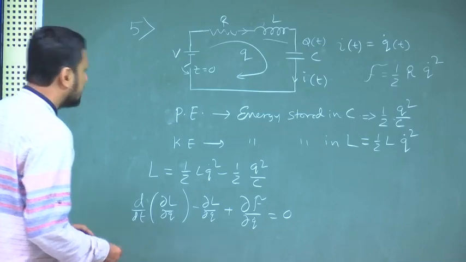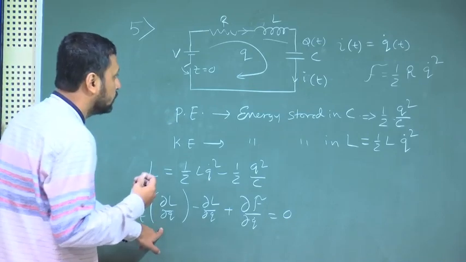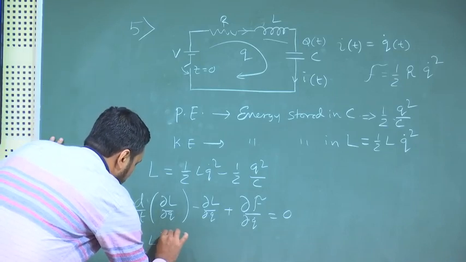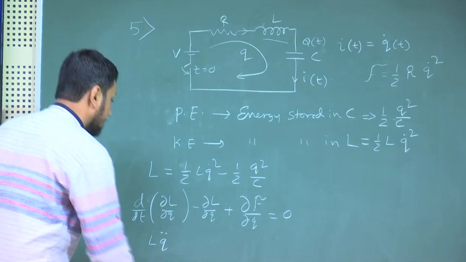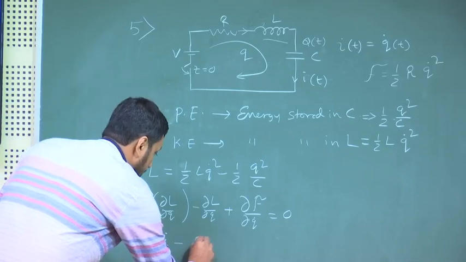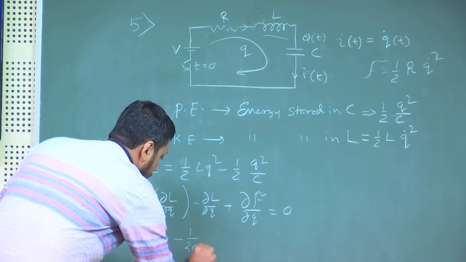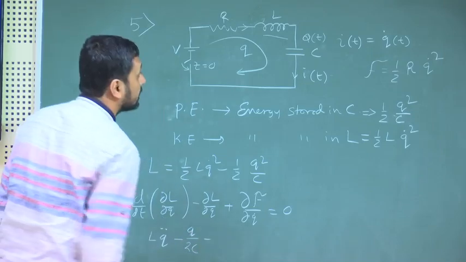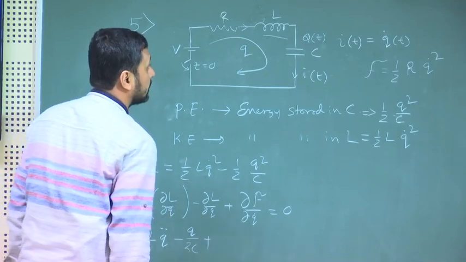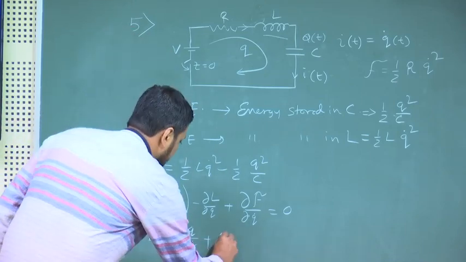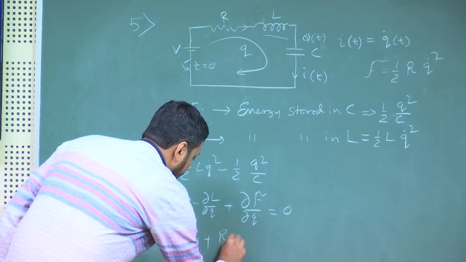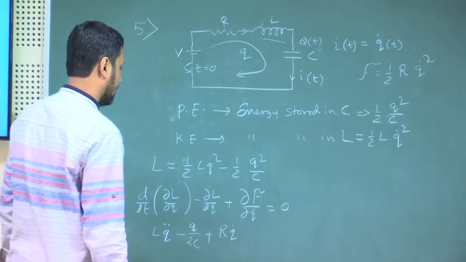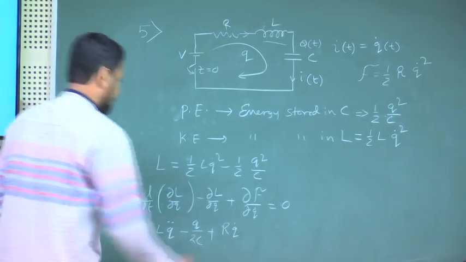And if we do that, we will find for the first two terms, it will be L Q double dot, right, minus 1 by 2 C Q plus R Q dot, right, R I, which will be equal to 0.